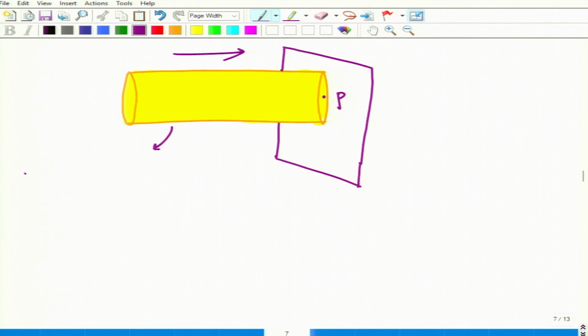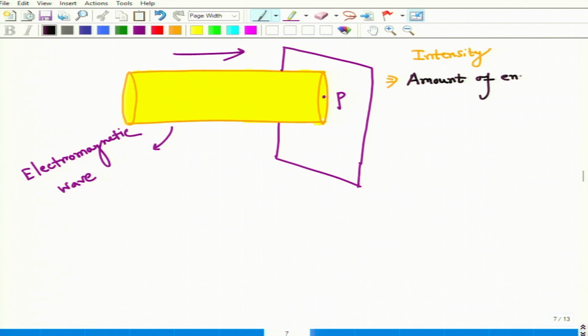The general definition of intensity is the amount of energy per unit area per unit time.